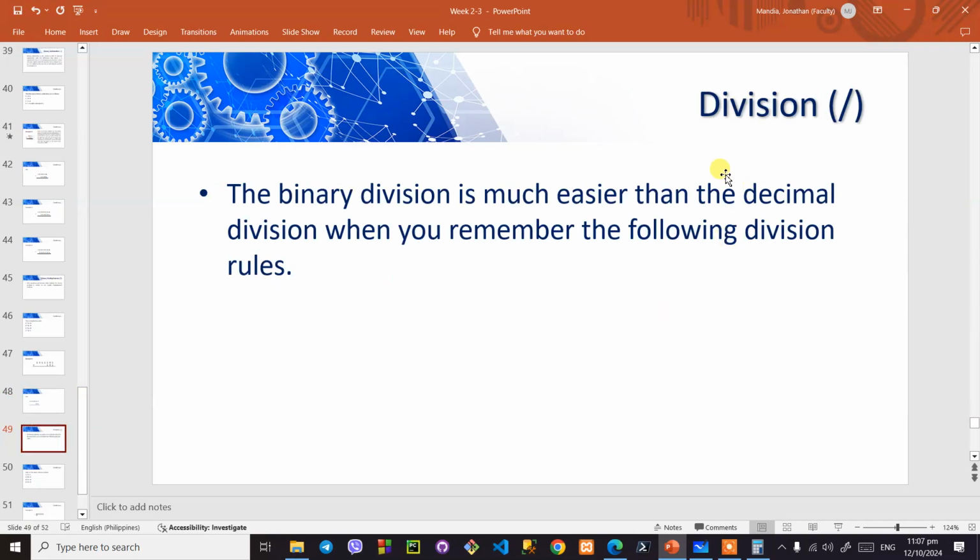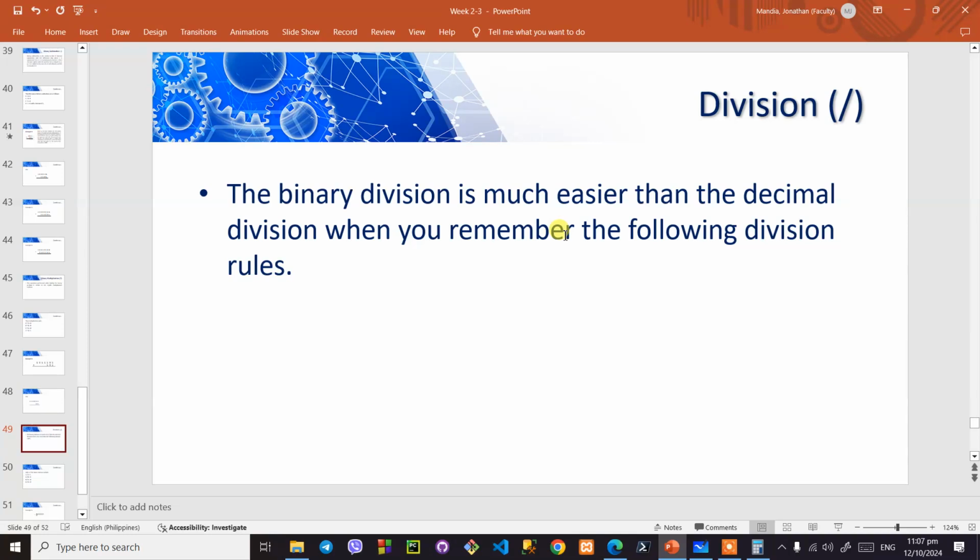Then the last part would be division. Most of my students have a hard time dividing with this particular operator because we have three processes here. First, you divide. Second, you multiply.